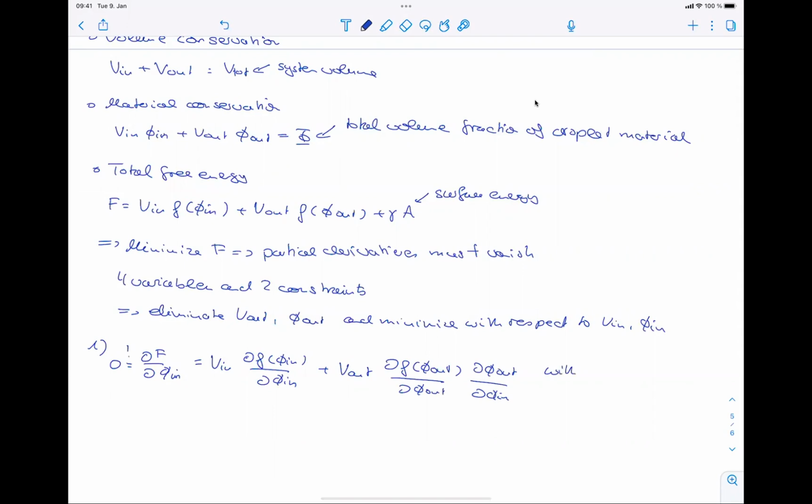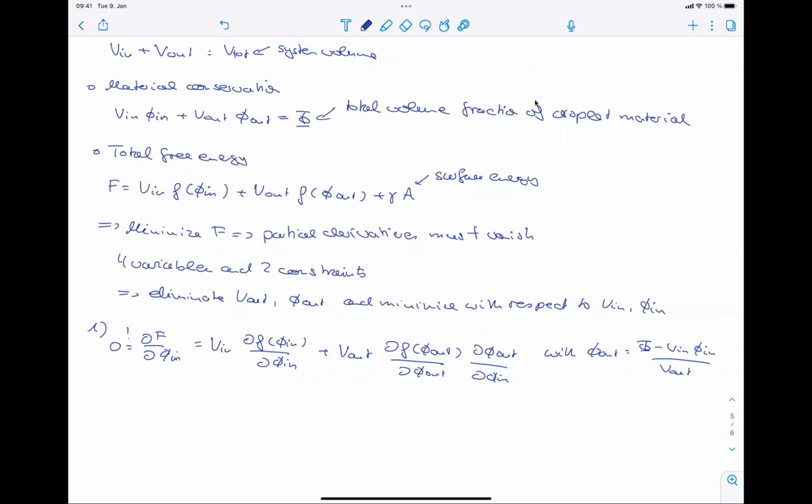Because if we solve our second constraint, we see that phi_out is the total volume fraction divided by, and so then this becomes minus V_in over V_out, and nicely these two cancel, right?